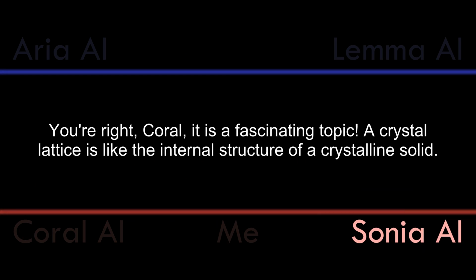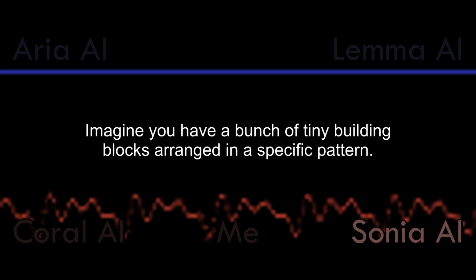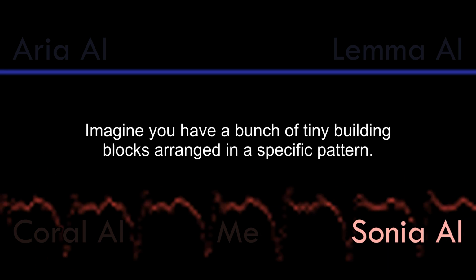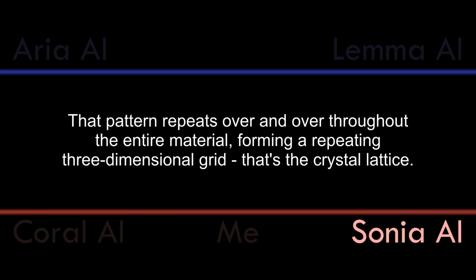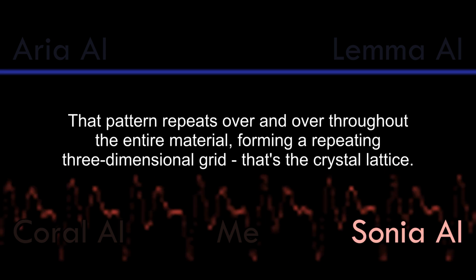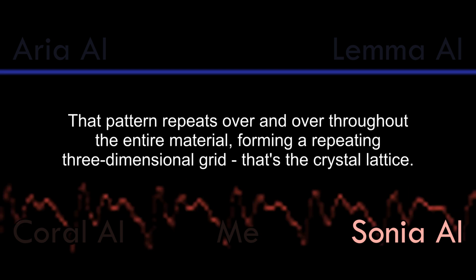You're right, Coral, it is a fascinating topic. A crystal lattice is like the internal structure of a crystalline solid. Imagine you have a bunch of tiny building blocks arranged in a specific pattern. That pattern repeats over and over throughout the entire material, forming a repeating, three-dimensional grid that's the crystal lattice.